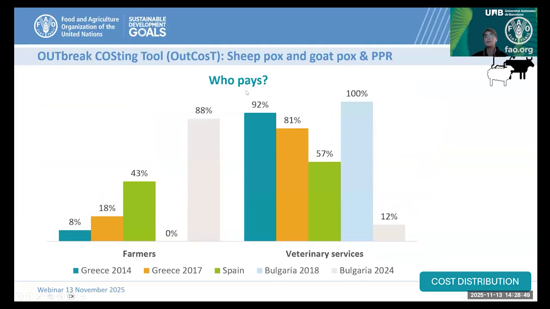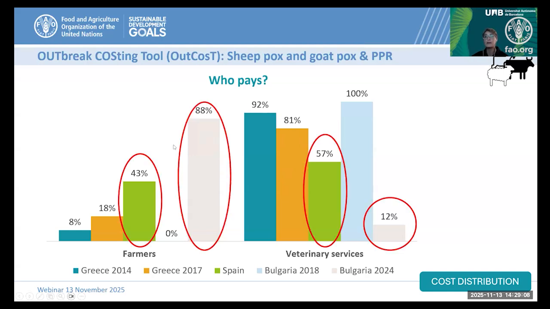To give another example of who pays for all these outbreaks, we have very different situations, even though in most cases the cost involving the veterinary services is the higher part. We can check as examples 2 different contexts.